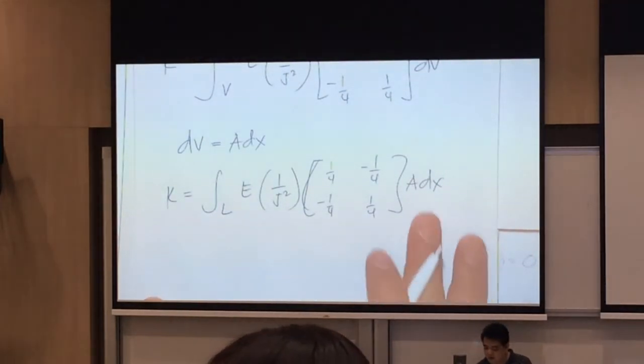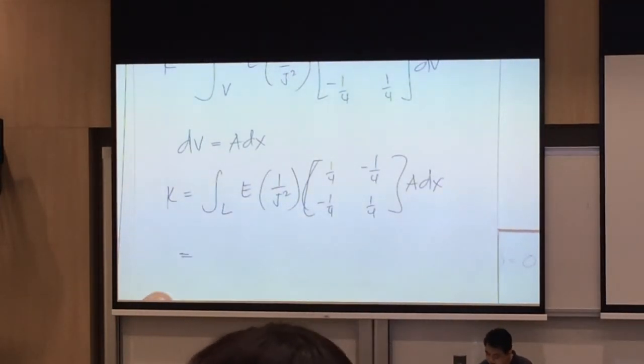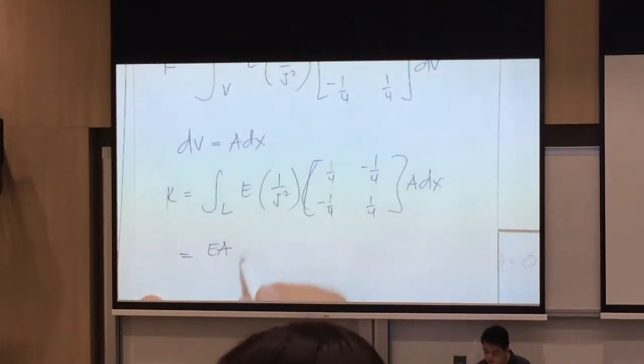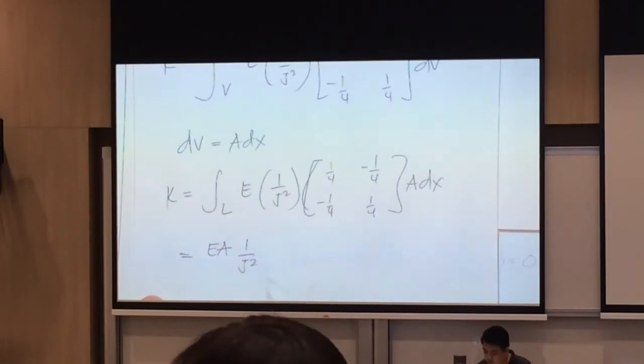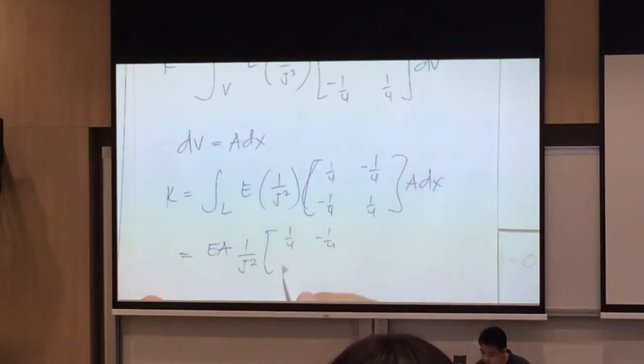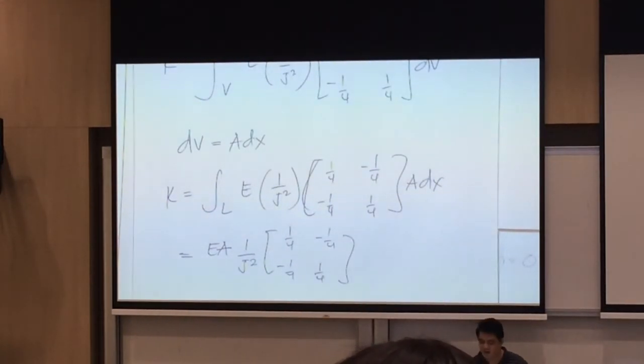So I'm going to put everything so that we have now here E A 1 all over Jacobian squared, 1/4 minus 1/4 minus 1/4 and then 1/4.